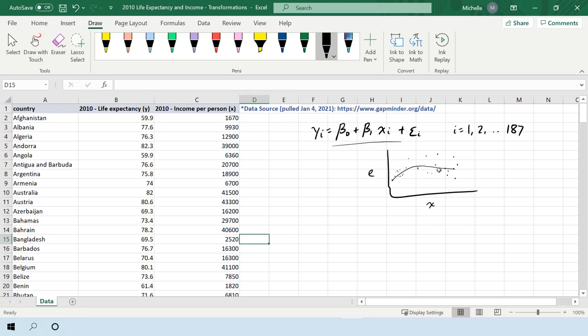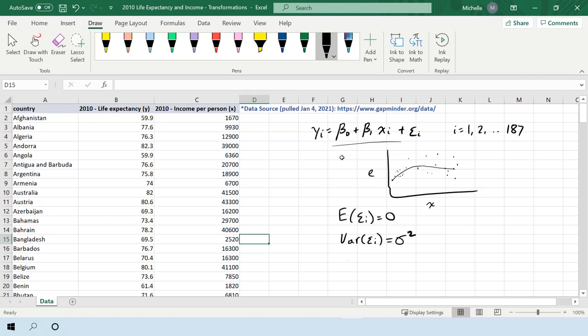So when we're thinking about doing transformations, there's lots of things that we can do to make this model fit better and to satisfy those assumptions. Remember, what are our model assumptions? That the expected value of our error is 0, which means the model is correctly specified. That the variance of the model error is sigma squared, so it doesn't increase, it's the same variability.